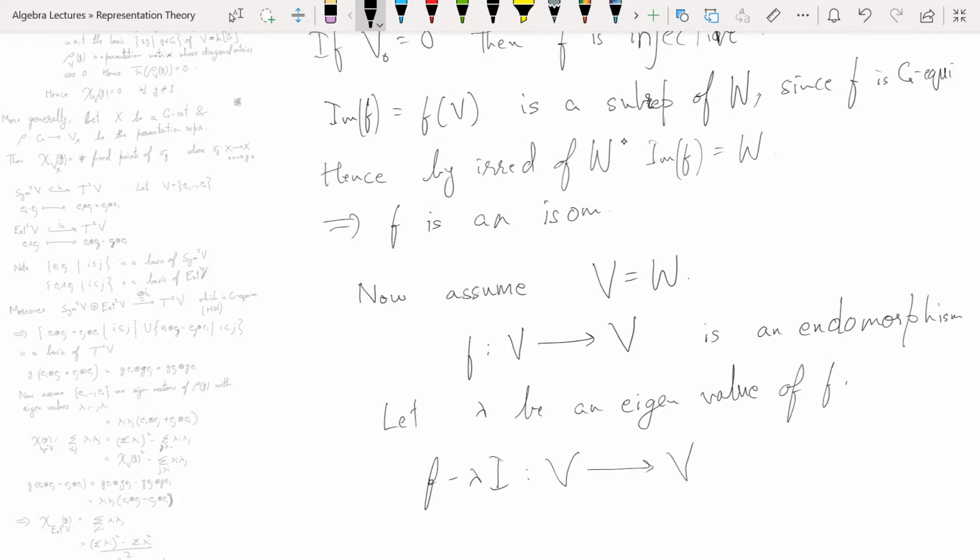Of course lambda times I is G equivariant, and f is G equivariant, so this is G equivariant.